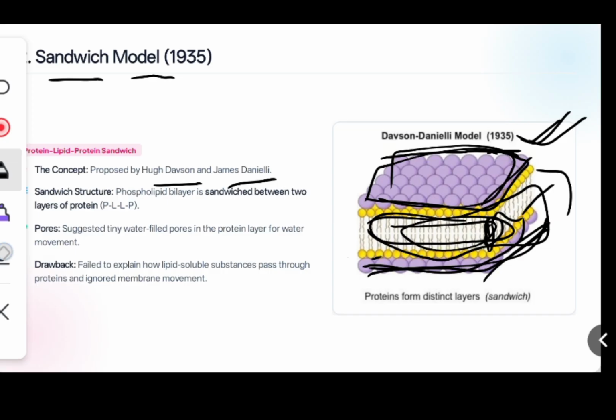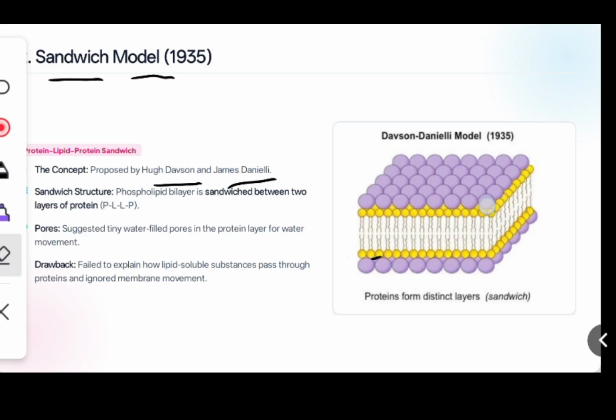Then they told another thing in this model. There are tiny pores here and here. For water movement, they are simply saying there are tiny pores. Through those pores, the water movement will be done from inside the cell to outside the cell.